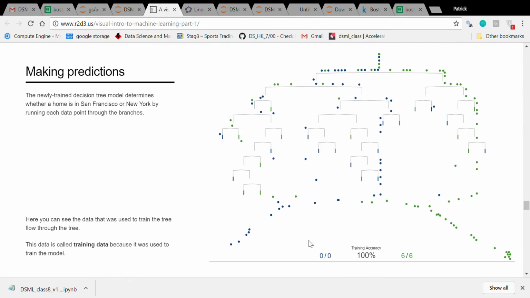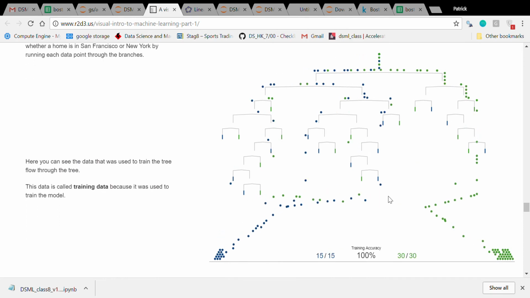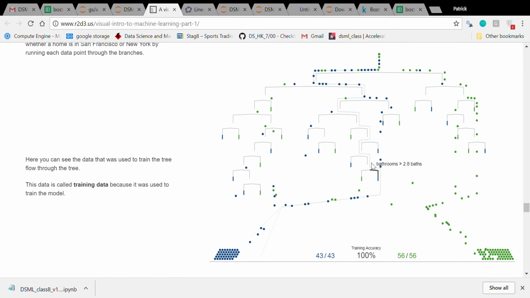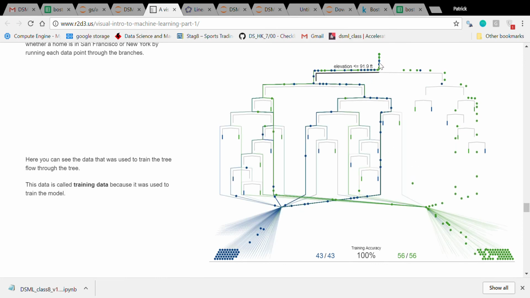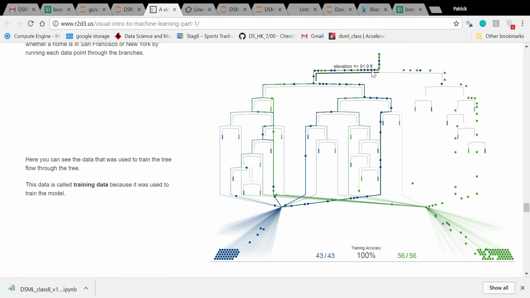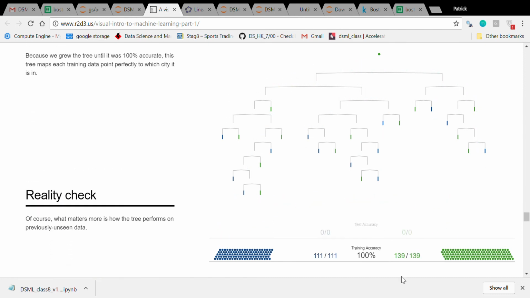And let's say if you have new incoming data, you will just keep on going through every single rule to decide which side it is. Okay. And in here, because we are using our training set, the accuracy must be 100%.